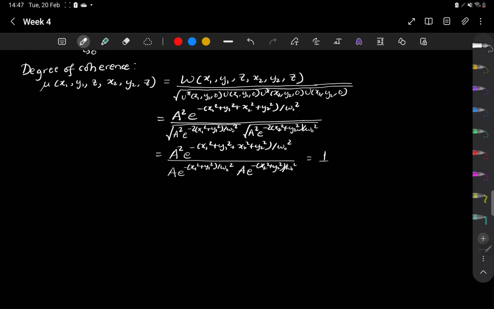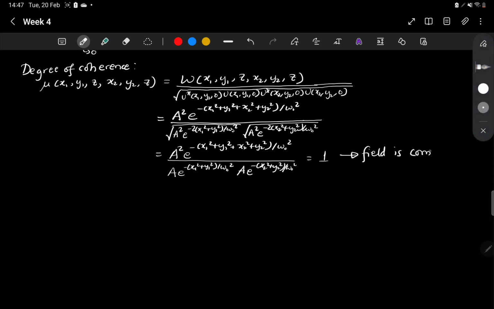So degree of coherence 1, that means the field is completely coherent, which further implies that the coherence area is infinite.